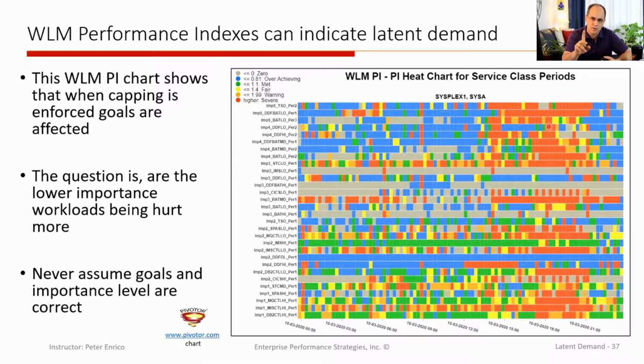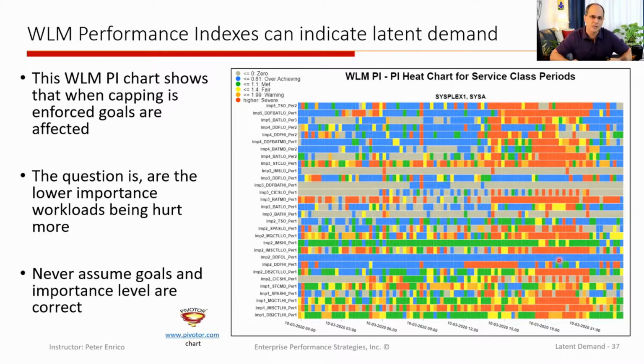We see that as an indicator of latent demand. What is unfortunate in this case, and interesting to observe, is that even the high importance workloads are suffering. Now, that's kind of frustrating. Why are they suffering, and is it right for them to suffer? Or maybe it's just that we have too aggressive of a goal. I don't know. The main thing is we want our lower importance workloads to suffer, but for the high importance workloads, we want to understand if they're suffering, are they part of this latent demand mix?